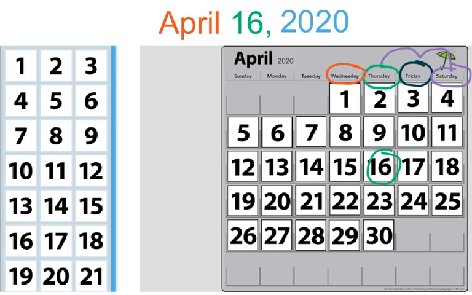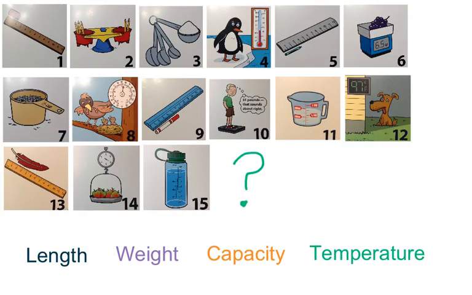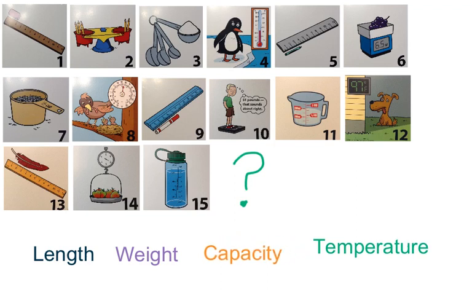Now let's look at our calendar piece for today. Remember that our April calendar pieces are going to show us length, weight, capacity, or temperature. Go ahead and look at all of the calendar pieces we've had so far.